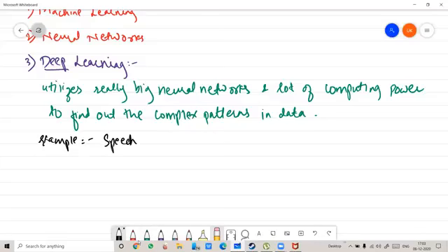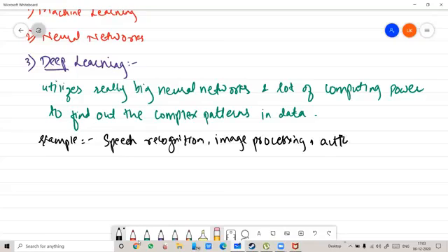As we are learning AI, these are the subfields of AI, so everything will be related. And image processing, and automated driving, which we have already studied.